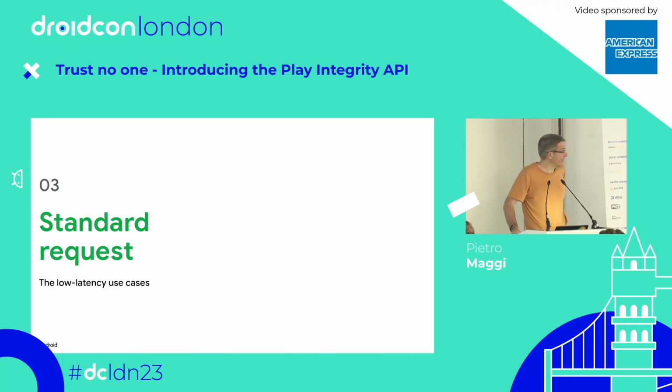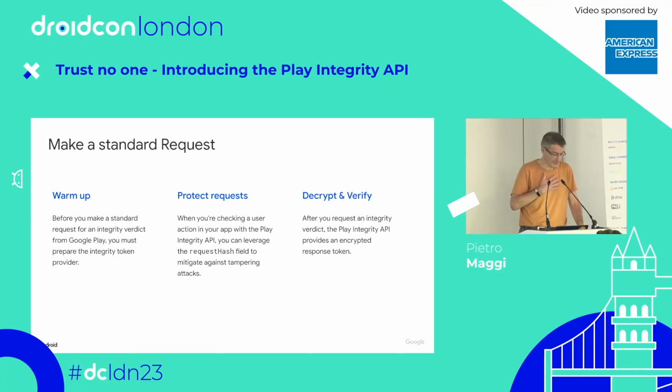I'm going through the standard request. This is the low latency use case. Given the feedback we got on the time that a classic request takes, I think it is the most relevant. We can talk about the classic requests if you want, but it's very similar to what you had in SafetyNet attestation.